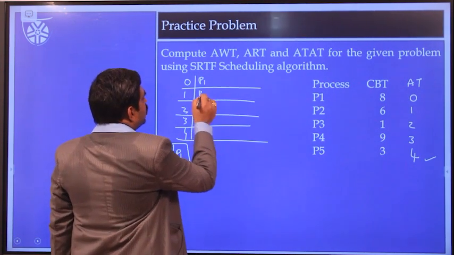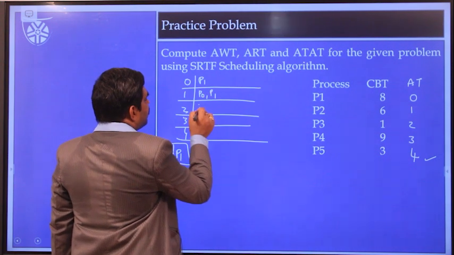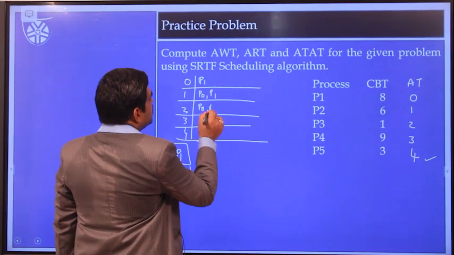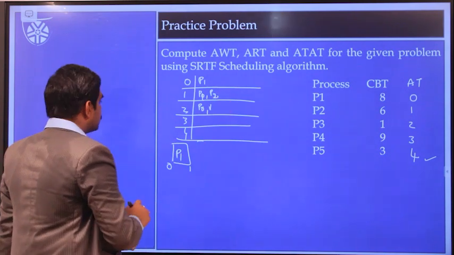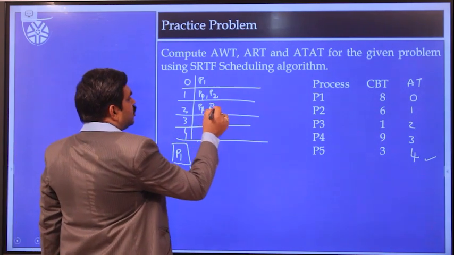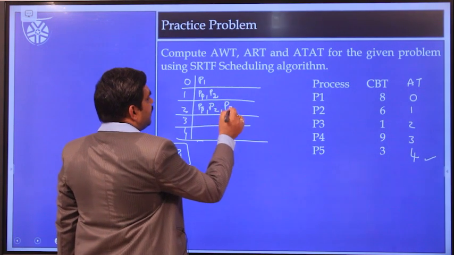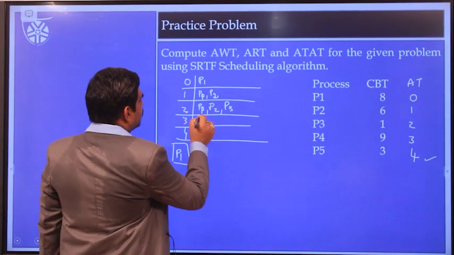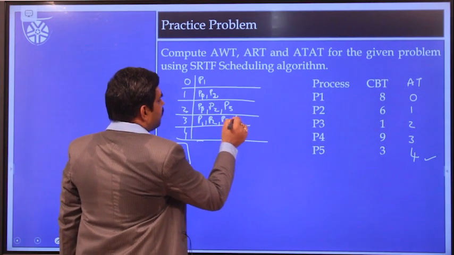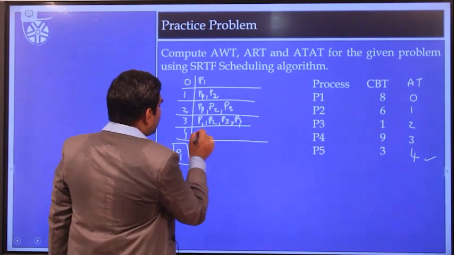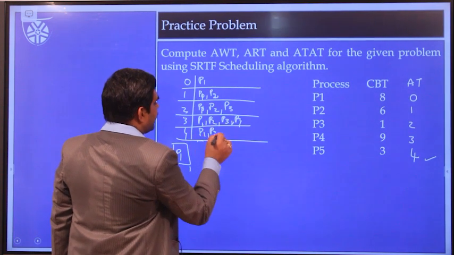After 1 second, there are 2 processes, P1 and P2. After 2 seconds, there are 3 processes called P1, P2, P3. After 3 seconds, there are 4 processes P1, P2, P3, P4. After 4 seconds, all 5 processes are there in the main memory, right?